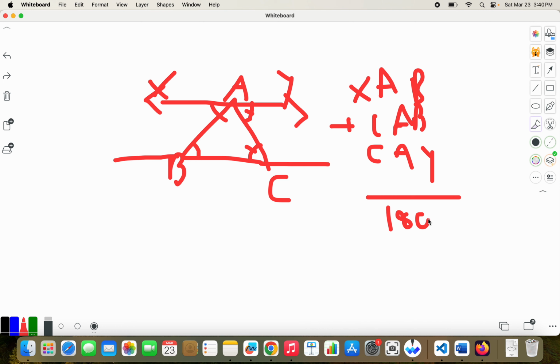Over here, you see the straight line, right? Well, we keep the CAB, but XAB, what is that equal to? ABC. What is CAY equal to? ACB. So all of this checks out. All of these angles add up to 180. That's the proof.